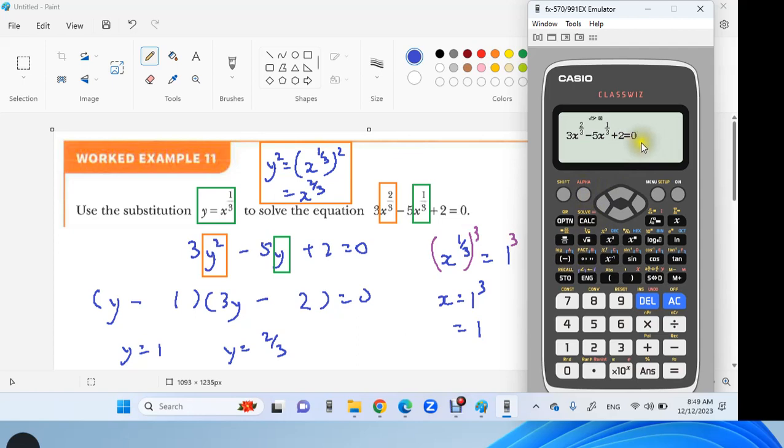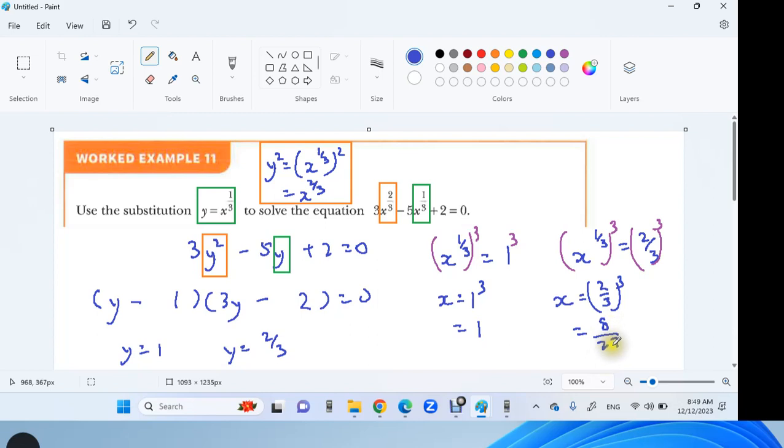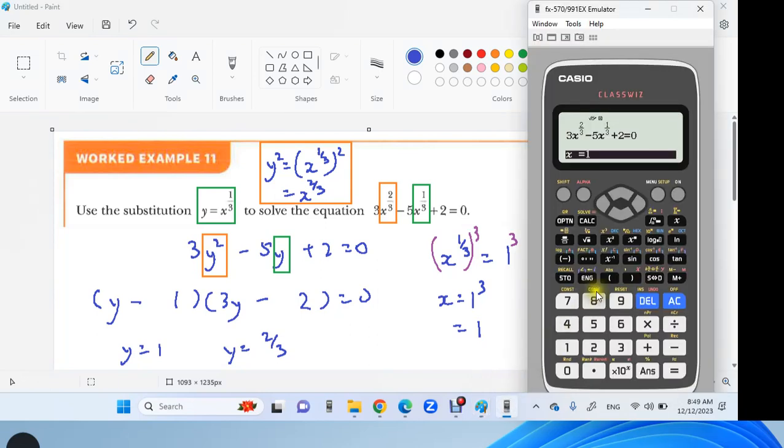After you key in exactly the same equation in your calculator, you press shift solve. Then you input the guess 1 and press equal. Then the answer is x equal to 1. The left hand side minus right hand side is equal to 0, so this is the solution. And if I press shift solve again, this is 8 over 27, right? So 8 over 27.